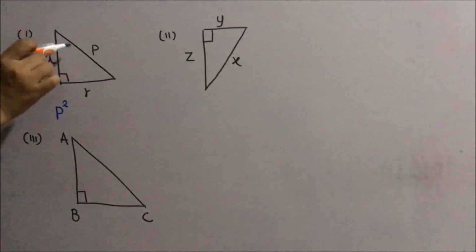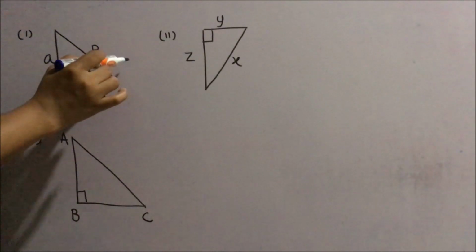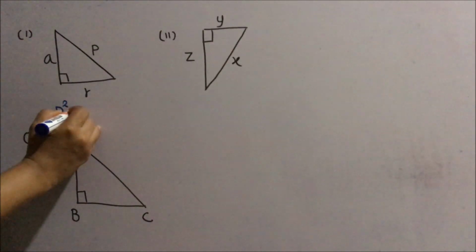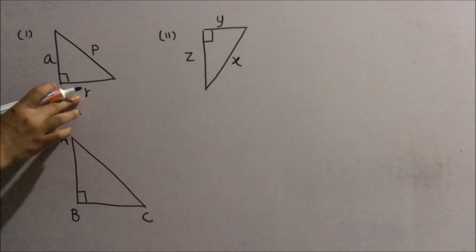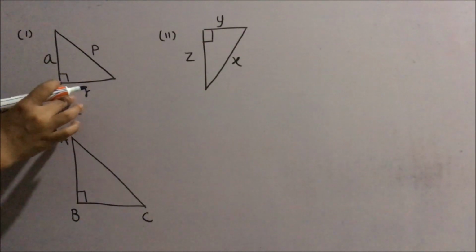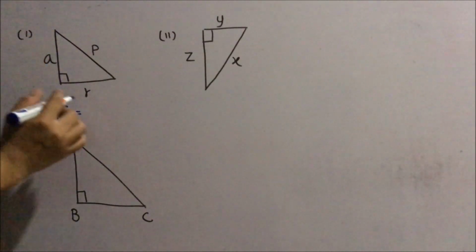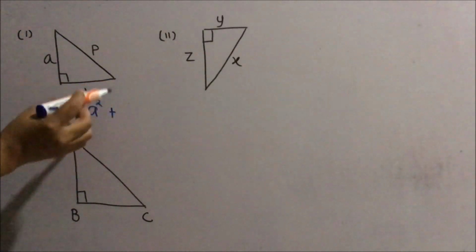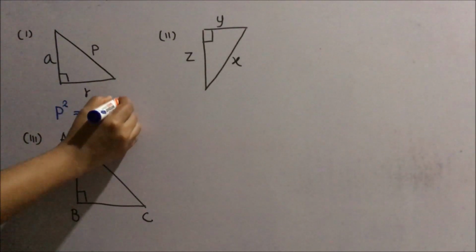If the side length of a square is P, the area of that square is P times P. We can write it as P square equals the sum of the areas of the other 2 squares. The area of the square on this side is A times A, A square, plus the area of this side is R times R, R square.